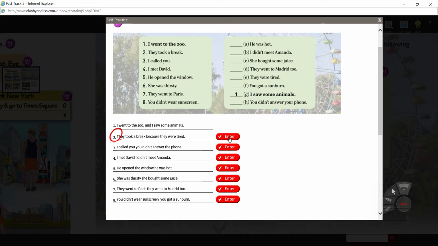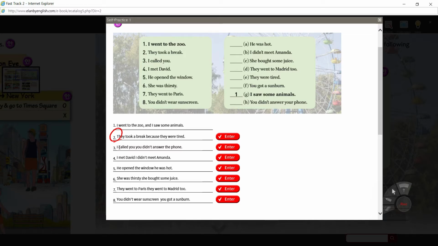Good. They took a break because they were tired. So the cause: they were tired. The effect: they took a break. One action caused the other.